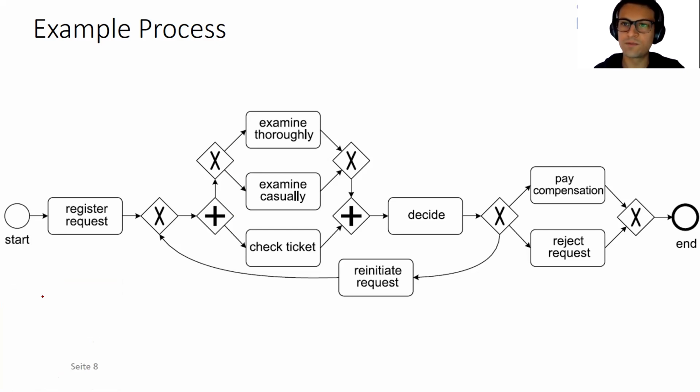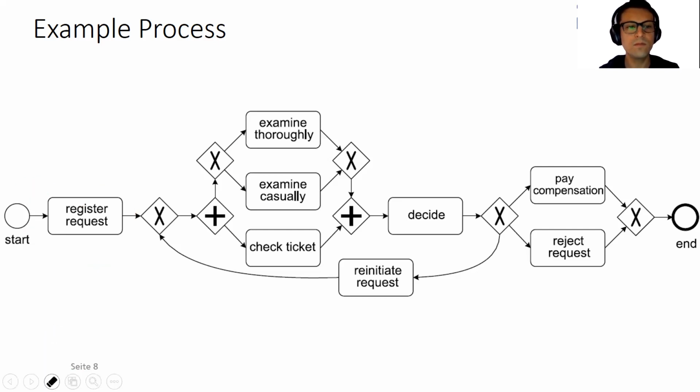So when we then analyze this process with the information that I've just given you, we observe that when we start walking from the start, we first encounter the register request. Right, we're walking and we encounter the register request activity. So we always start with a register request activity.